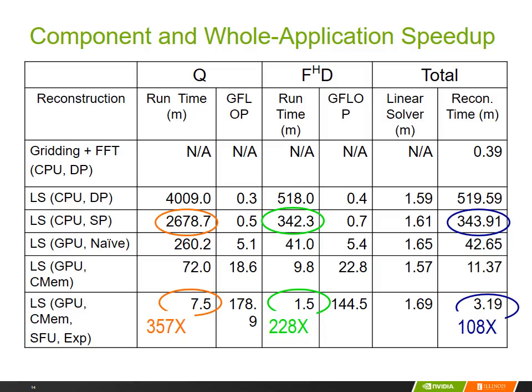So this is a classical situation where, when we reduce the execution time of the most time-consuming part of the application drastically, the parts that were not significant in the original application are now exposed as a very significant portion of the execution time. So now the linear solver, after the optimizations, accounts for more than half of the execution time in the final optimized application.